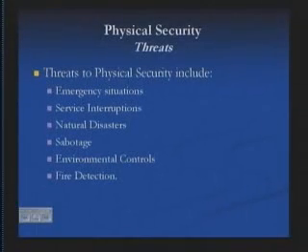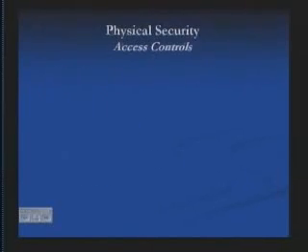Threats to physical security include potential emergency situations, such as a fire or a flood, for instance, that can sometimes give other people access to your information assets that they wouldn't normally have. Service interruptions, natural disasters, sabotage, environmental controls, fire detection.